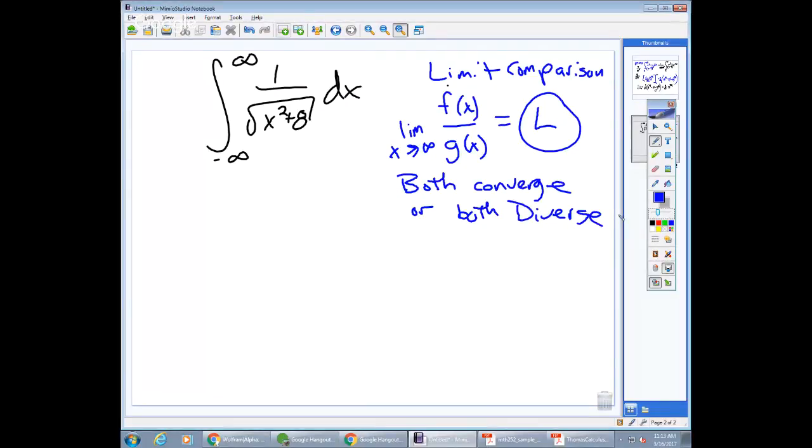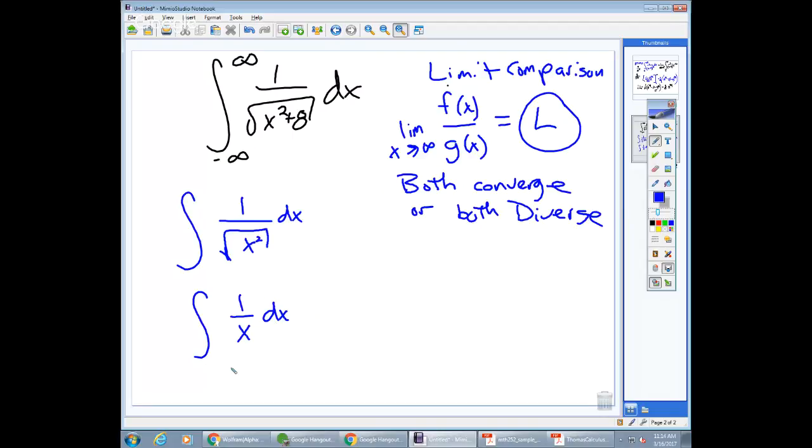Okay, so the plus 8 is kind of a pain here. So a simpler version would be to say, well, what if we had the integral of 1 over the square root of x squared? That's a simpler version of the one we have here. That can be simplified, right? That's the integral of 1 over x with respect to x.